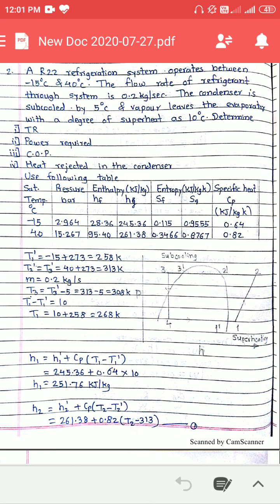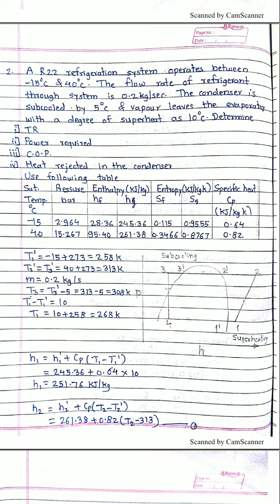But here they have given that the vapor leaves the evaporator with a degree of superheat of 10 degrees Celsius. As we know, the exit point of the evaporator is point number 1 and that point is the superheat point.